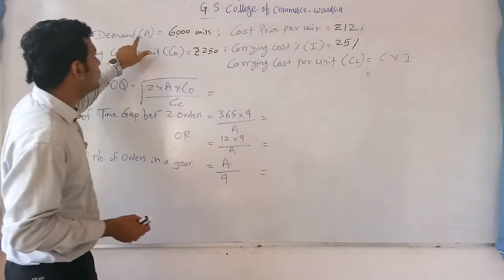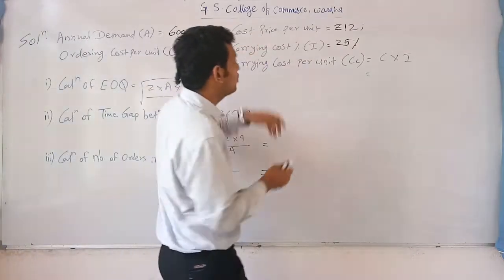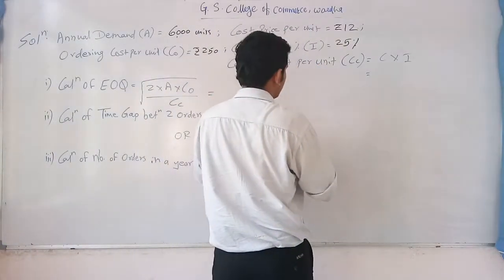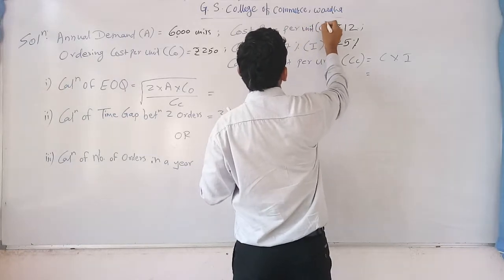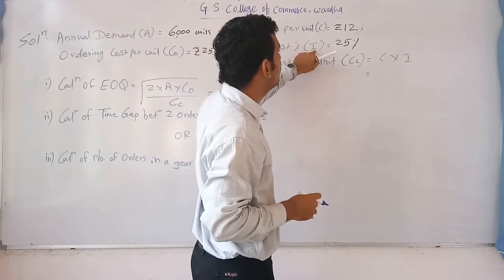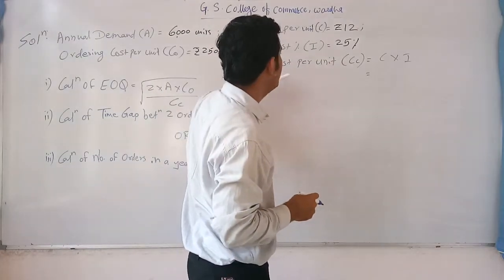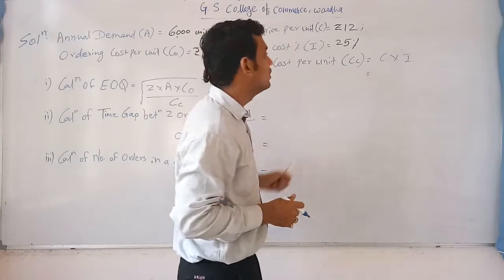Annual demand is represented by A, ordering cost by CO, cost price we would write as capital C, whereas carrying cost, as it is given in percentage, we will denote I, and when we calculate it per unit it would be denoted as CC.